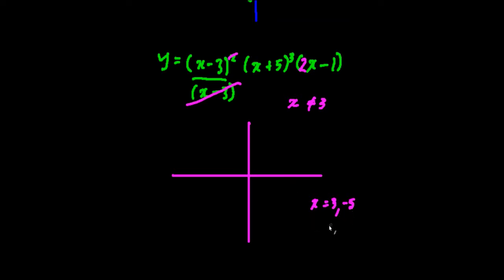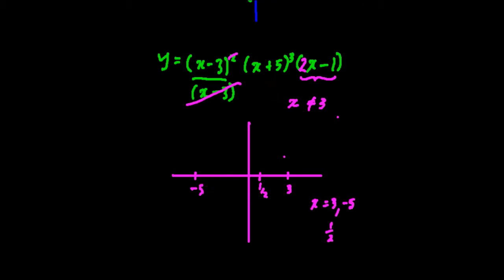The reason is, when is 2x minus 1 equal to 0? It's equal to 0 when x is equal to a half. So there you go, your 3 roots: a half, 3, and minus 5. For x plus 5, the root is minus 5.